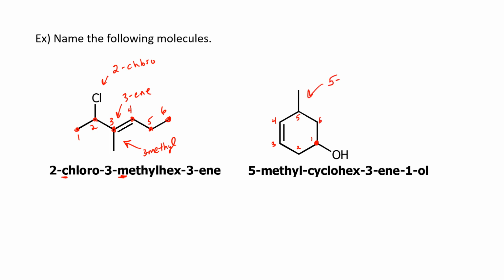That gives us a 5-methyl, a 1-ol, and a 3-ene. So 5-methylcyclohex-3-ene-1-ol.